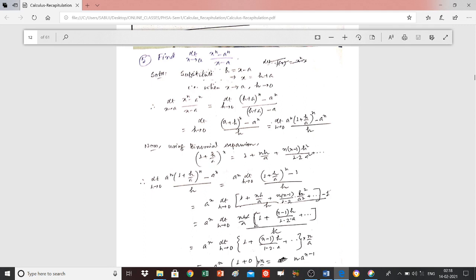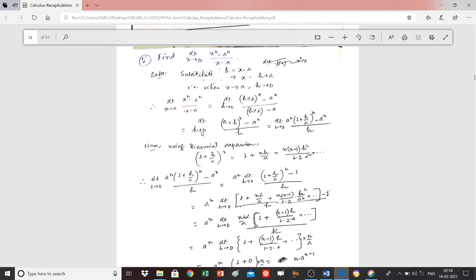So the limit becomes the limit as h tends to 0 of ((h plus a) to the power n minus a to the power n) by h.